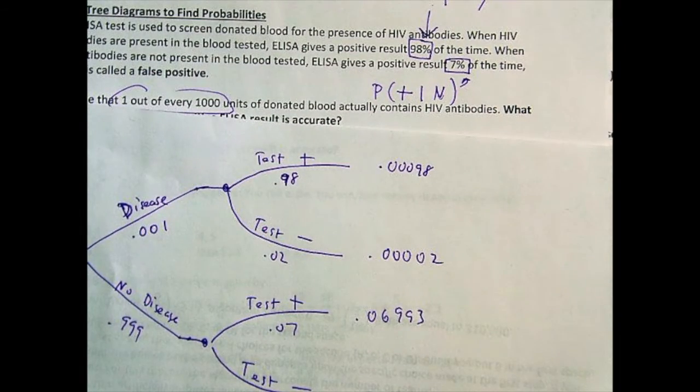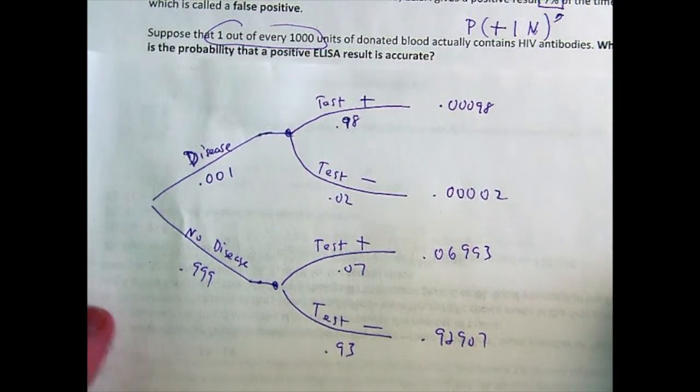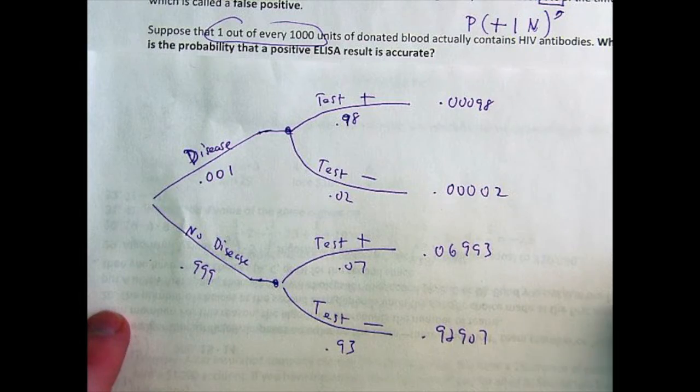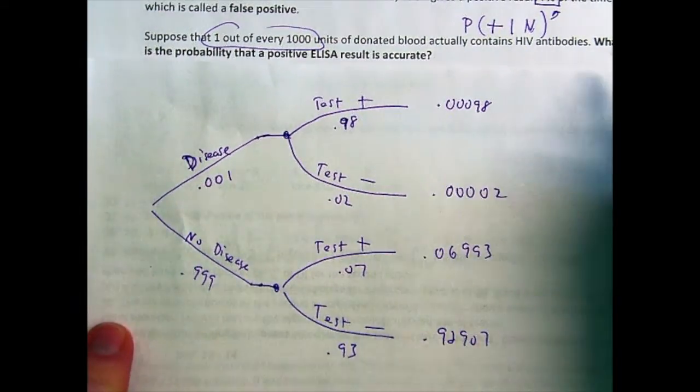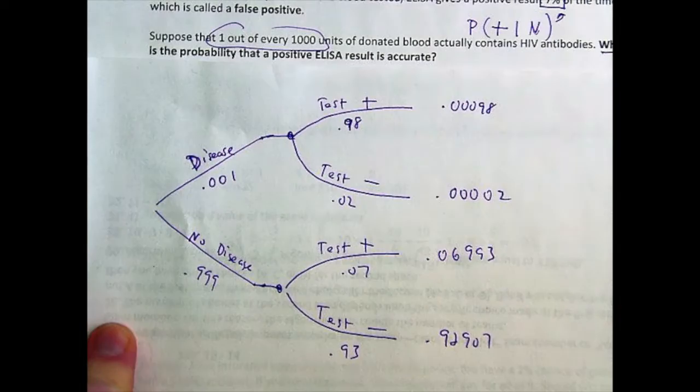Okay, so we've completed our tree diagram, and now we have to answer the question, or try. It says, what is the probability that a positive ELISA result is accurate?